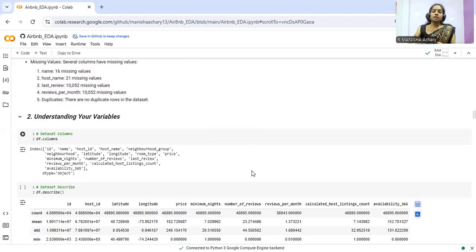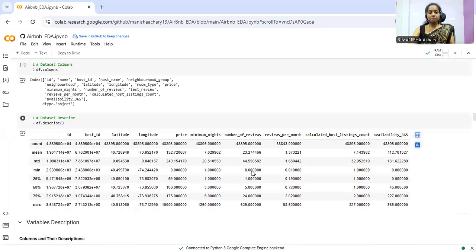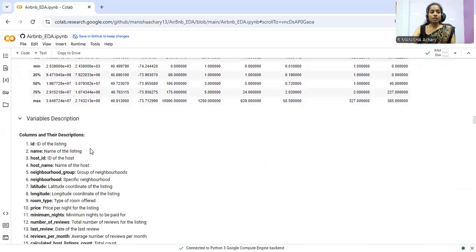The next step is understanding variables. df.columns prints the column names, and describe will print the minimum, maximum, mean, standard deviation, and count for all the columns.